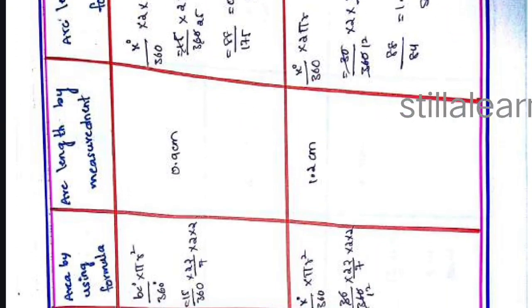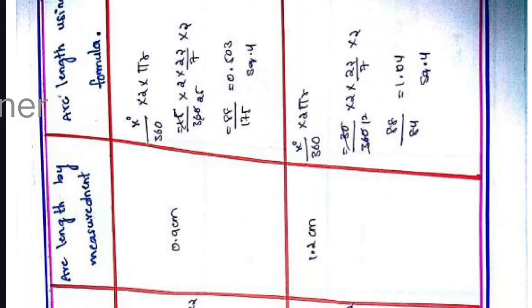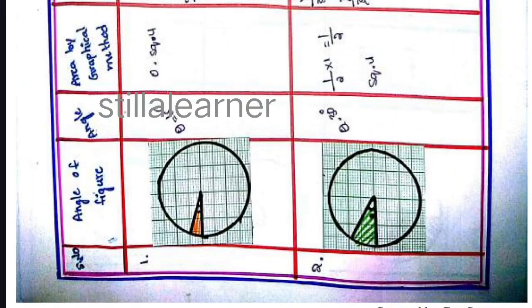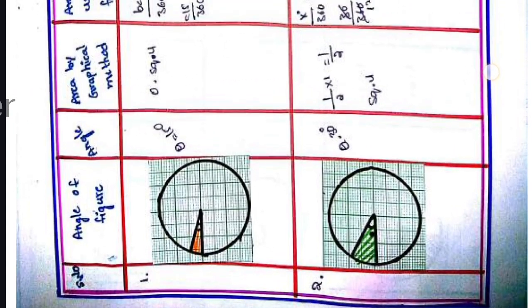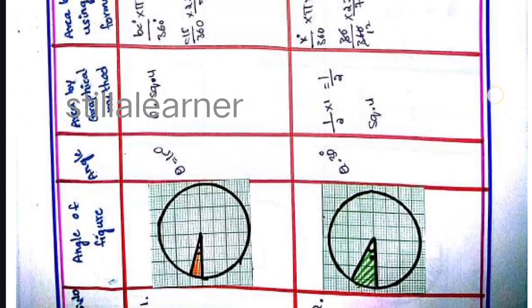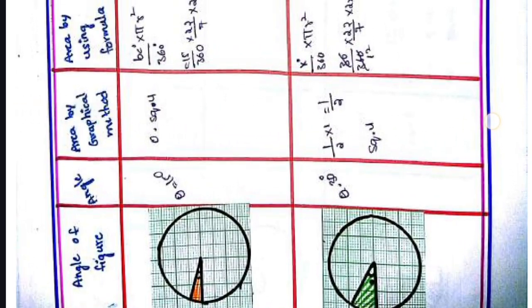So for that you need to draw a table with 7 columns. One by one, just draw. I'm swiping very slowly here. First write down the serial number, then angle of figure, then area.